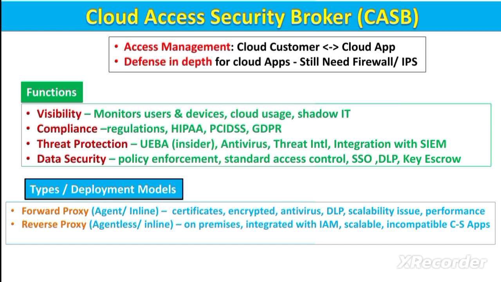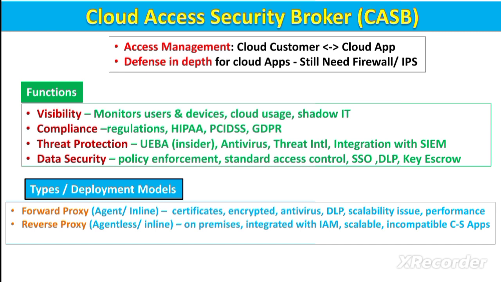The second deployment type is reverse proxy. So it is agentless and it also actively monitors the usage of cloud services. This deployment is on premises, hardware or software based, and it can also be integrated with the existing identity management solution of your organization.